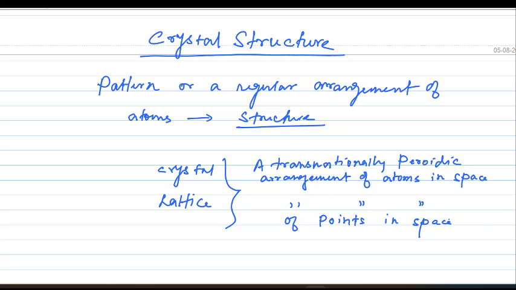So if it is just points, that is the lattice, how do you get to the crystal from this? That is the question that we are asking, because lattice does not talk about atoms. It is saying that it's a periodic arrangement of points. So that means to each of these points we need to assign an atom, something that can be repeated, right? And that repetition in 3D will give you the entire crystal structure.